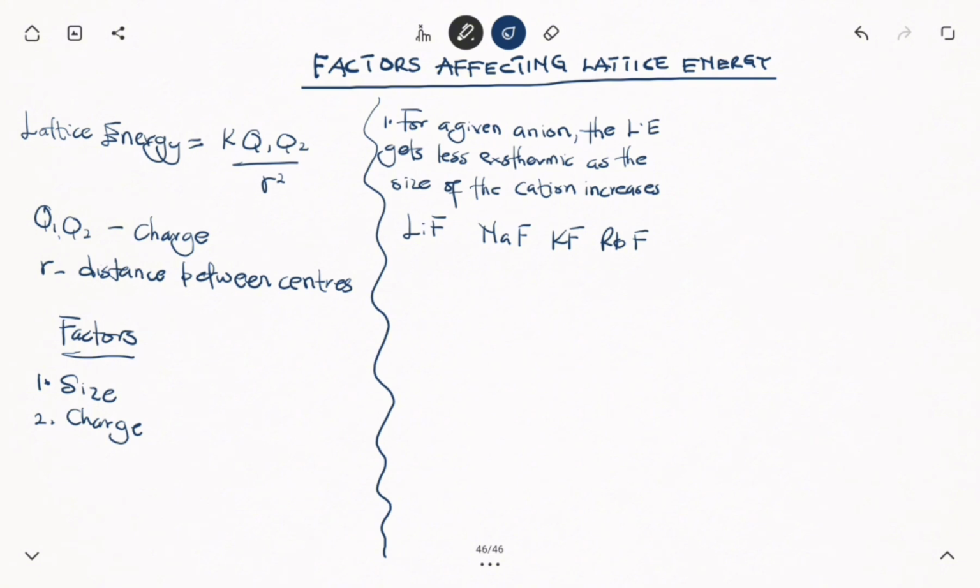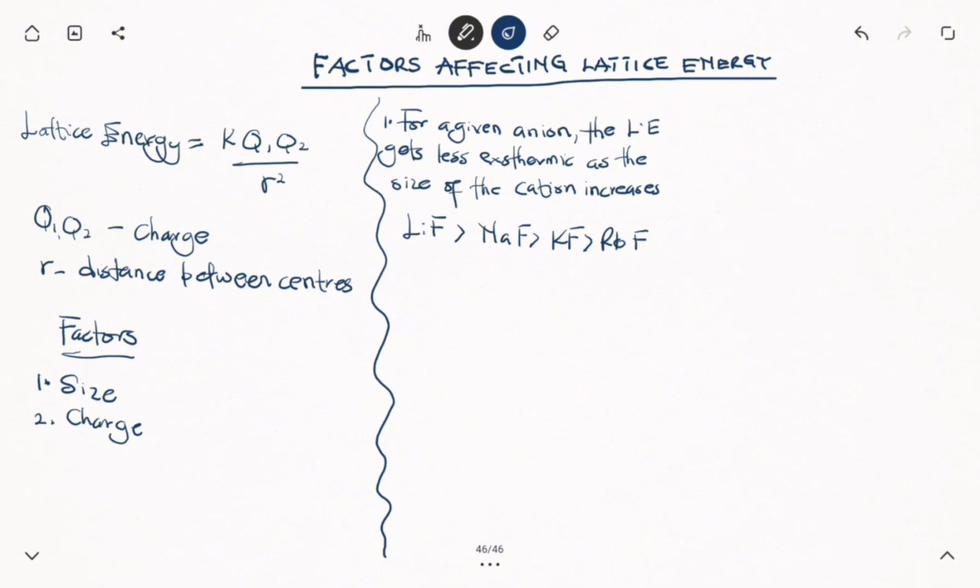So what is going to account for the difference in the lattice energy? It is the size of the cation. So lithium fluoride is going to have a higher lattice energy compared to sodium, which will have a higher lattice energy compared to potassium, and then compared to rubidium fluoride. So in this case, the size of the cation determines the variation in the lattice energy.